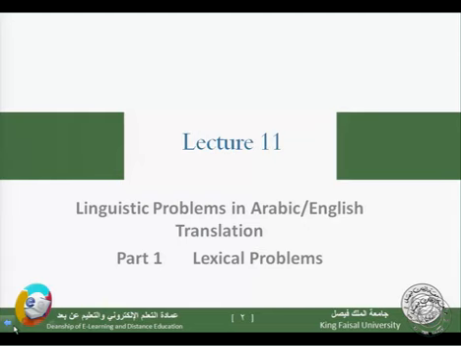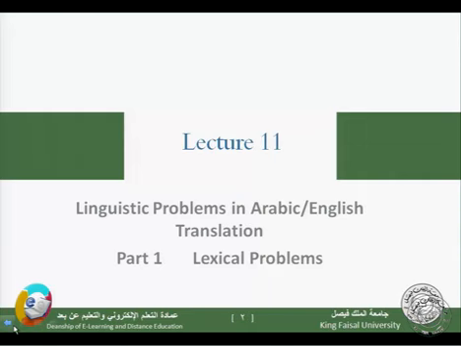Now, as usual, we will go through the following points: the learning outcomes of the lecture, and then I will explain something to you about the main categories of translation problems, and then we will go through the lexical problems.